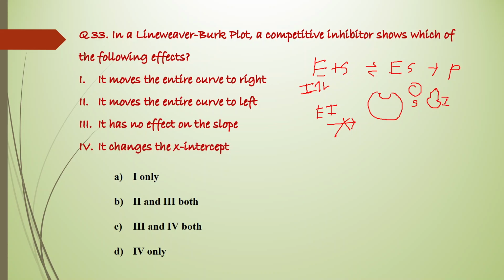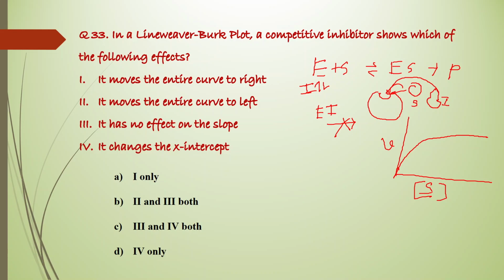So both of them are competing for the catalytic site here. Now if we plot V versus S, how does the plot look? Normally it looks like this: V versus substrate concentration, the Michaelis-Menten normal plot.